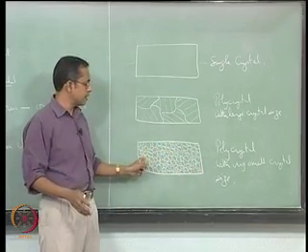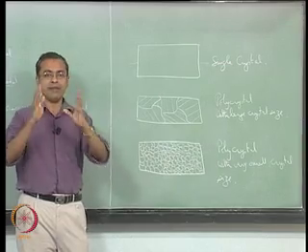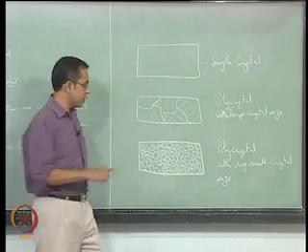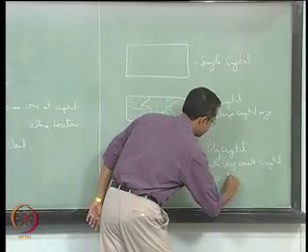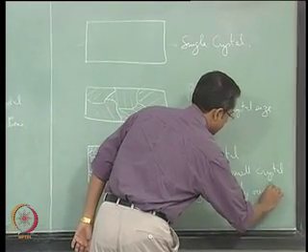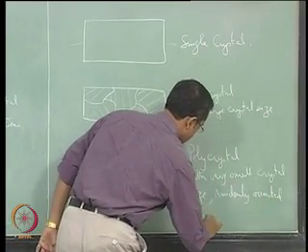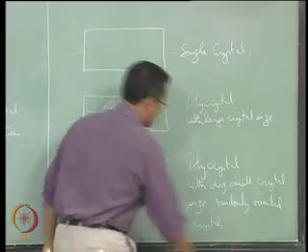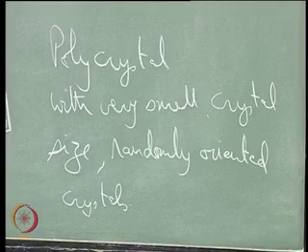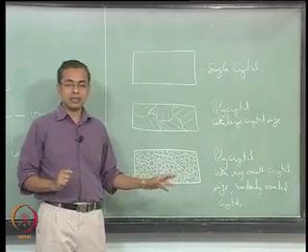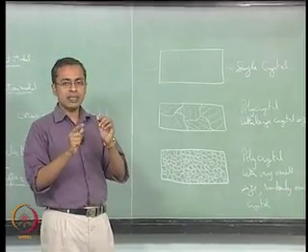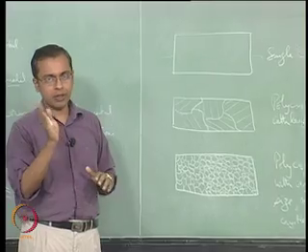In fact, the smaller the crystal sizes, the more well averaged the properties, plus assuming that the crystals are all randomly oriented, that is also important, okay. So very small crystal size, randomly oriented crystals, and that depends on how you have made the sample, because you can have a small crystal size and still have highly oriented crystals, meaning even though the crystal size is small, many of them have the 111 direction in one particular direction, okay.